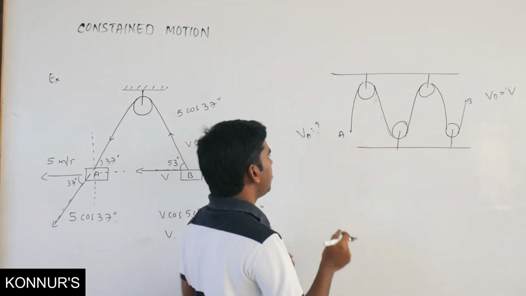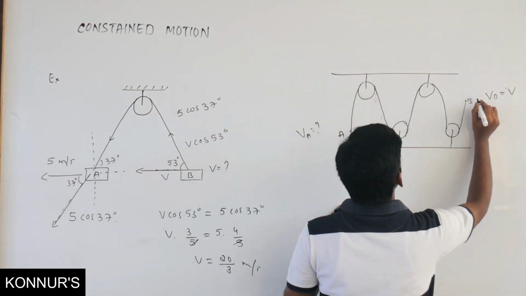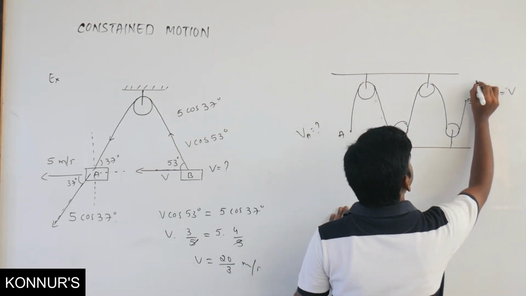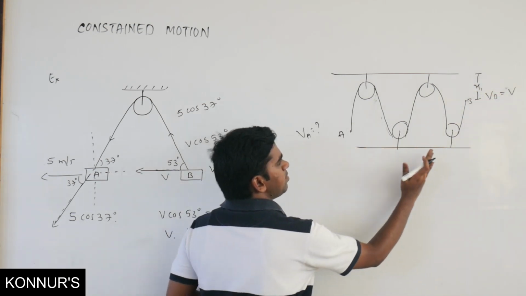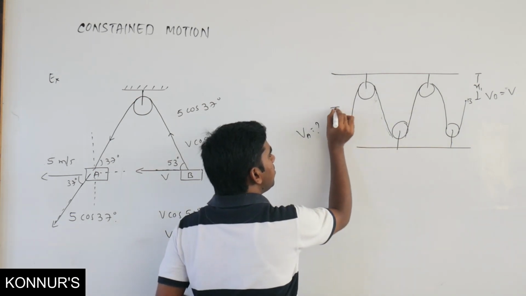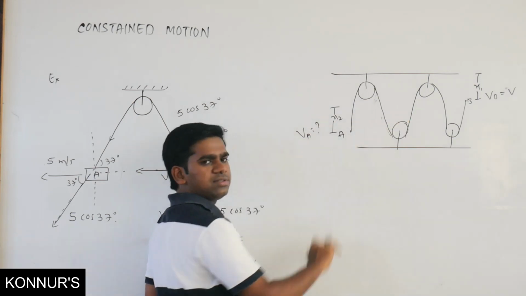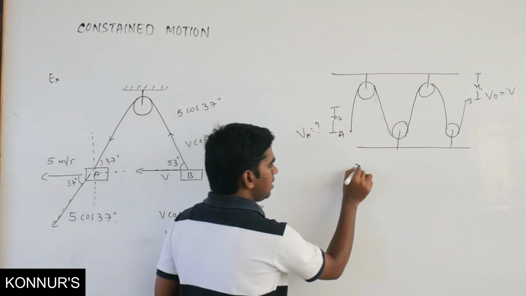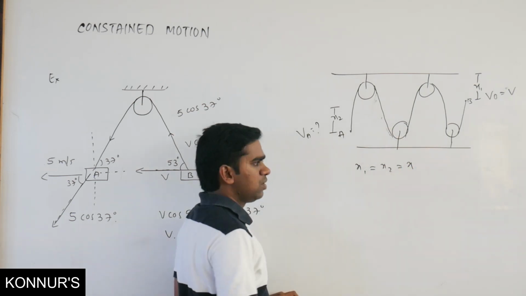Or if you want to prove that, suppose this is moving in the upward direction by a distance x1. Then this string will come here, this string will come here, and this will also come in the upward direction. By what distance? By the same distance. That means as much as x1 moves, that much only x2 will move.